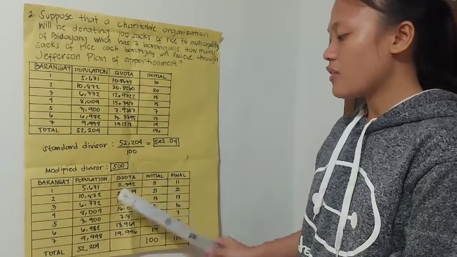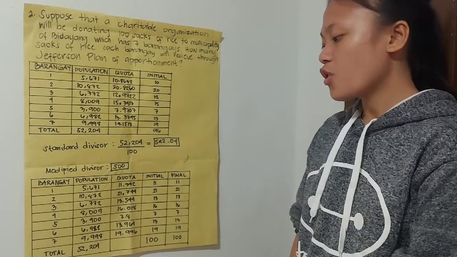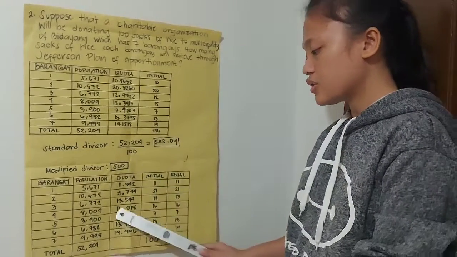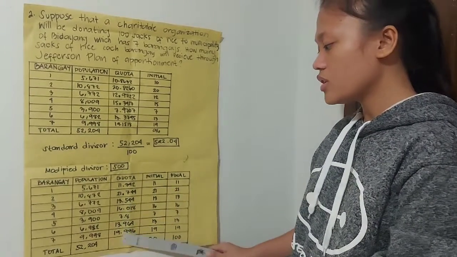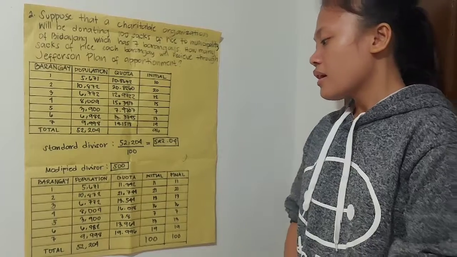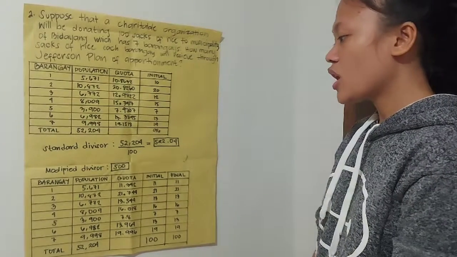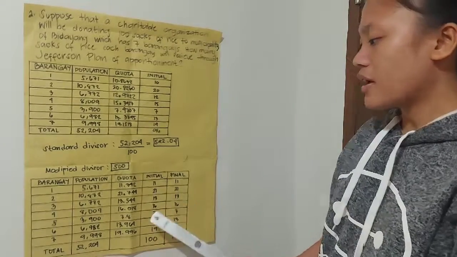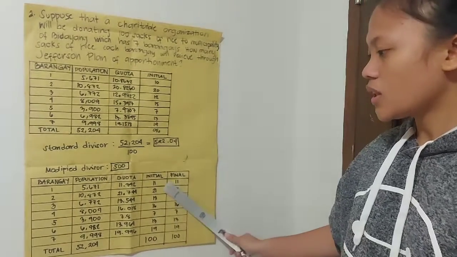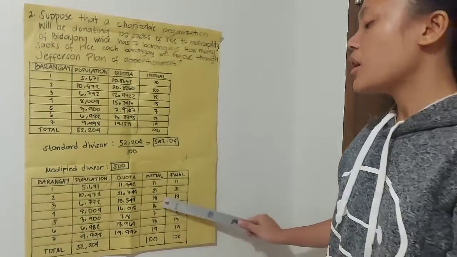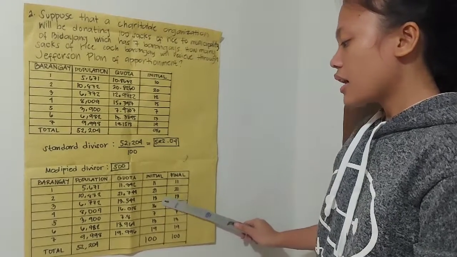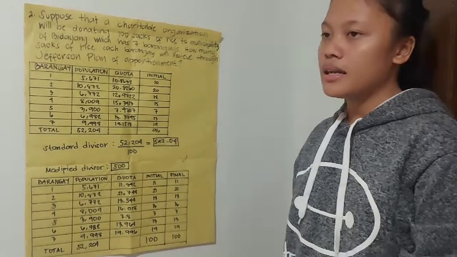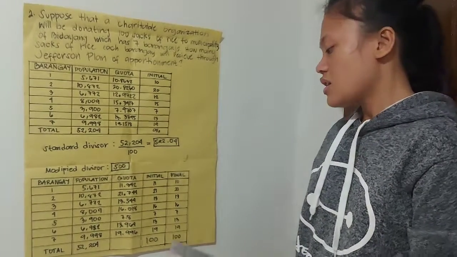Then 10,872 divided by 500 is 21.744. While 6,772 divided by 500 is 13.544, and so on and so forth. And now we have the initial sacks of rice: barangay 1, which is 11, barangay 2, which is 21, barangay 3, which is 13, barangay 4, which is 16, barangay 5, which is 7, barangay 6, which is 13, and barangay 7, which is 19.